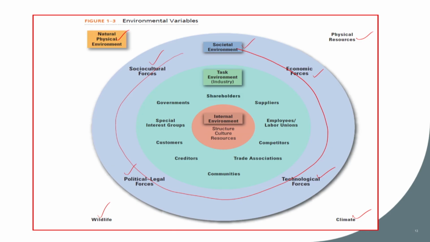Then the next layer is not very internal environment. It comes somewhere between external and internal. To some extent we can say these are external environment, but these are mostly related to the environment of that particular industry, not one particular firm.